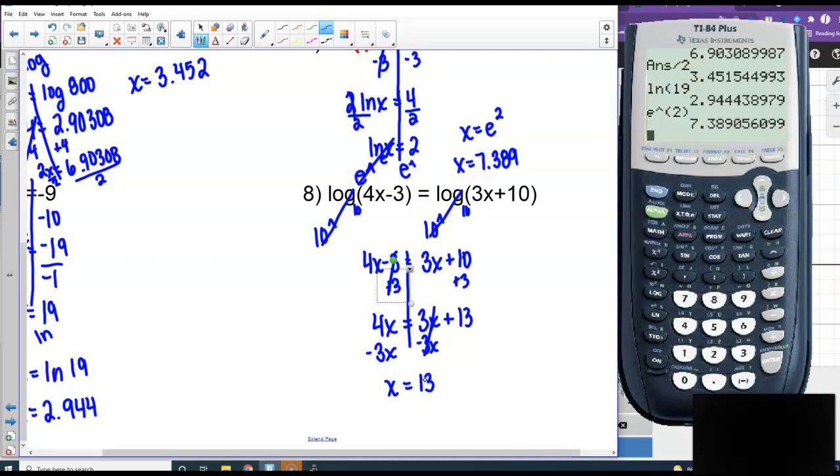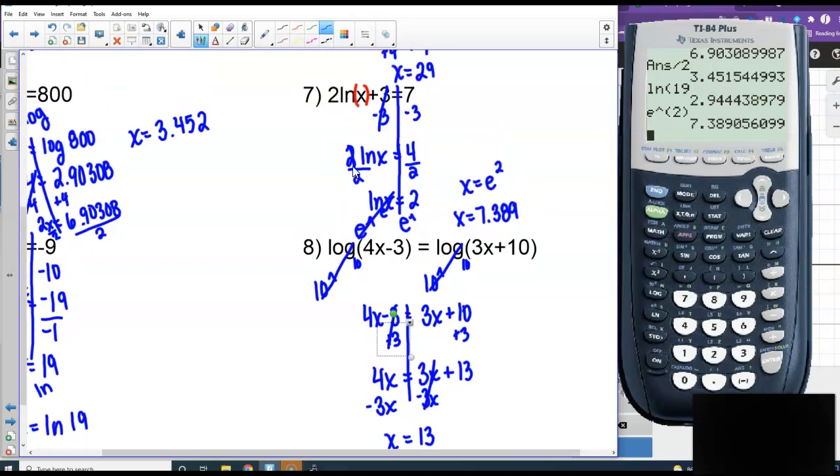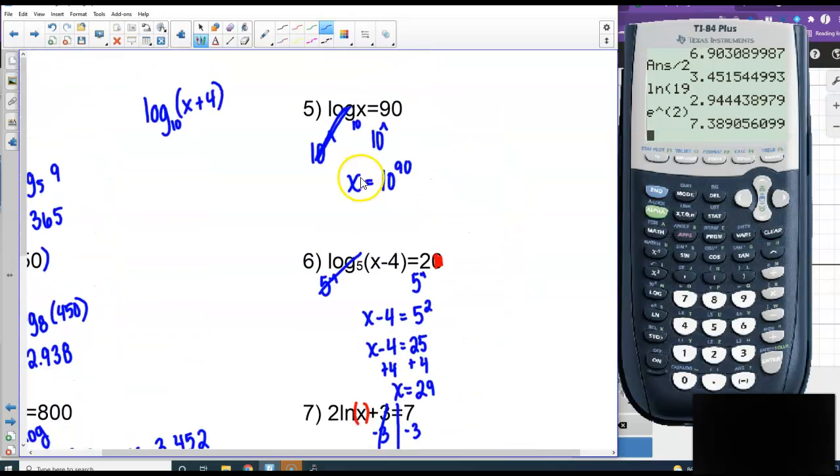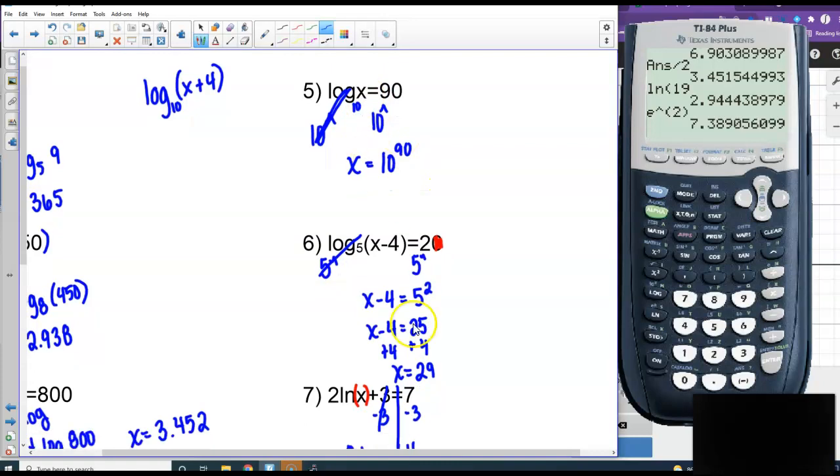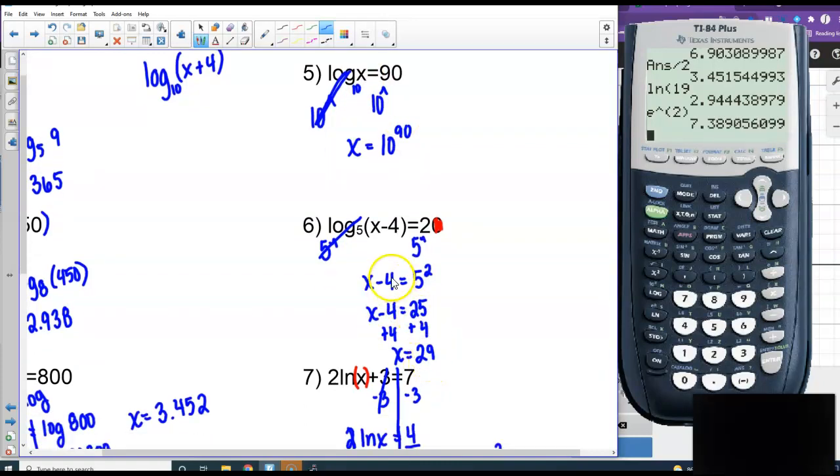Now, one thing I forgot to make you guys do on these log problems is, I told you on the last slide that you cannot take the log of a negative number, right? So what we should have been doing the whole time is making sure, if we plug our answer back in, that we're not taking a log of a negative number. So like 10 to the 90th, no problem there. That's not negative, right? So it's fine if we plug it back in. Right here, 29, I would plug it in here. 29 minus 4, that's 25. It's still positive.